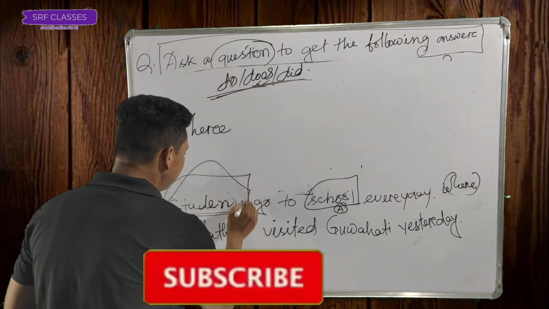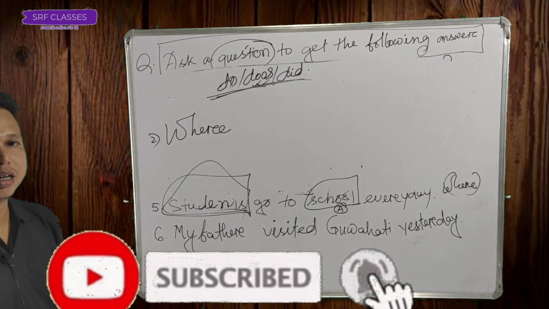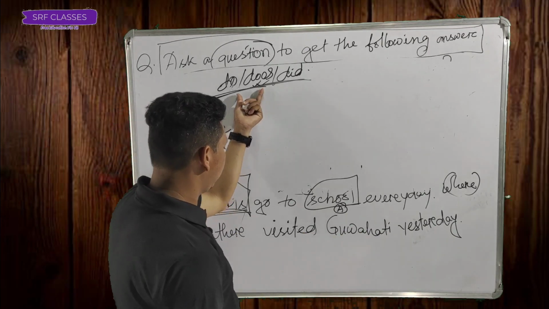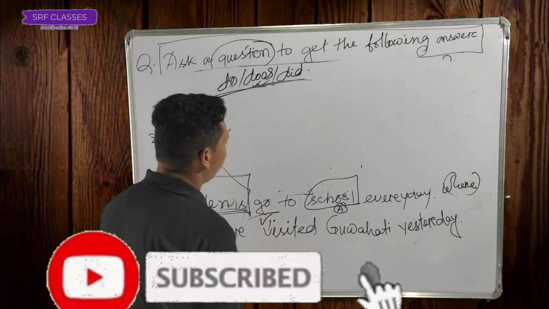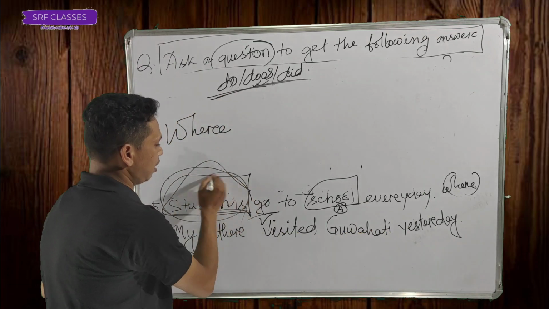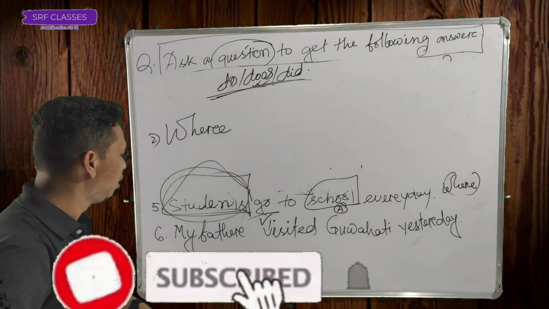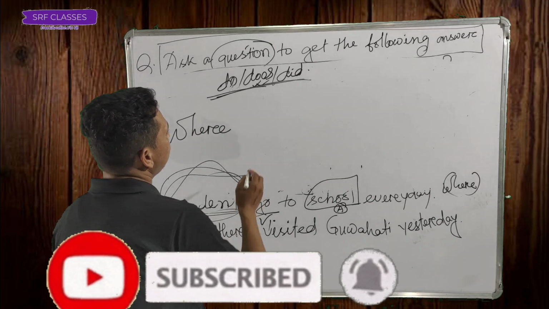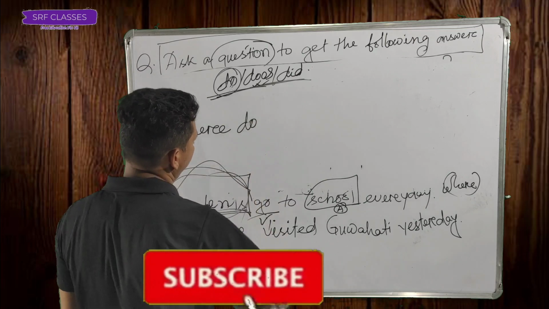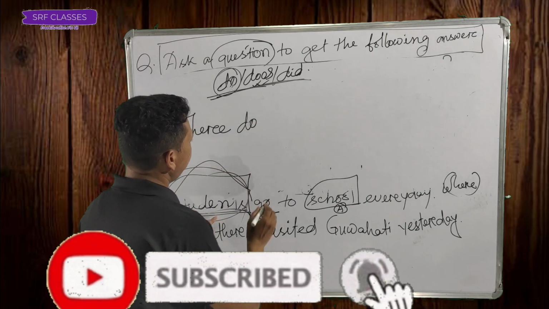Here the students are the subject. If it is not third person singular number and the verb is in verb 1, then we should take do or does. Since students is third person plural number, we will take do. So, where do.